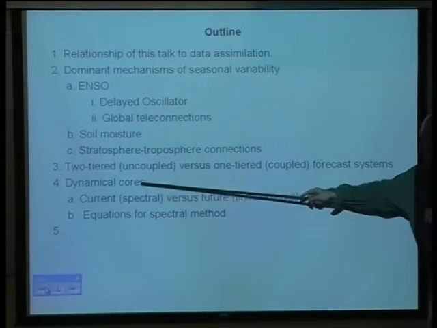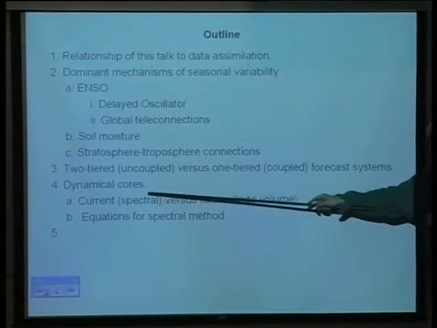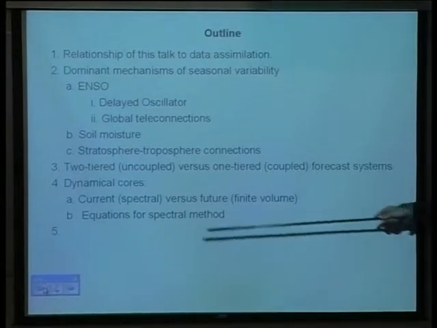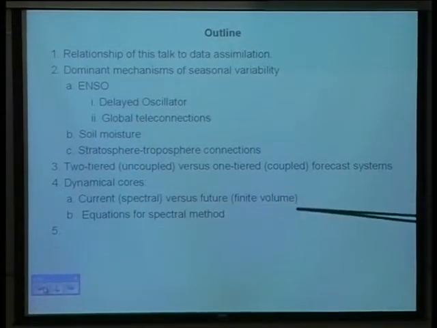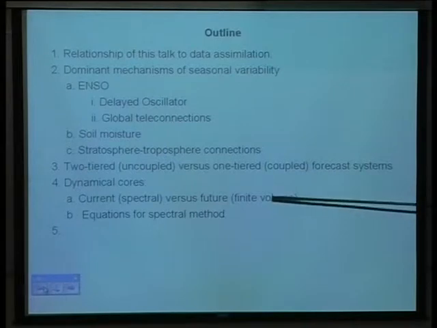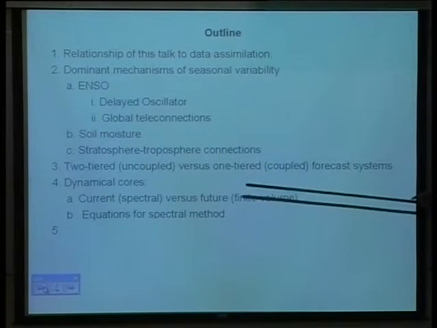And at the end, I'll talk about dynamical cores. The most common dynamical core being used in the seasonal forecasting models is this thing called a spectral dynamical core. In the future, though, you're going to see a lot of people move to these finite volume dynamical cores. A very popular one is called Lin-Rude, and that's because of the conservation properties. And again, I'll go over these equations for the spectral method, and I'll repeat this later.